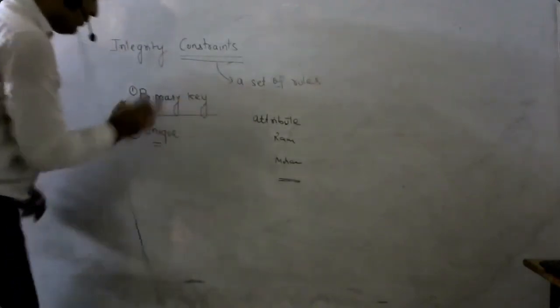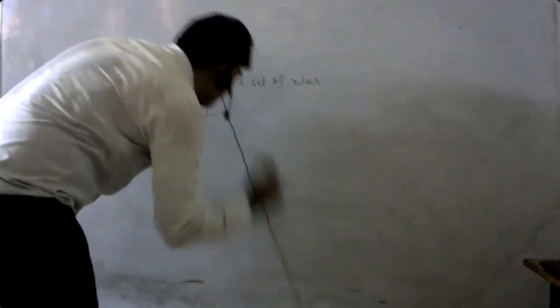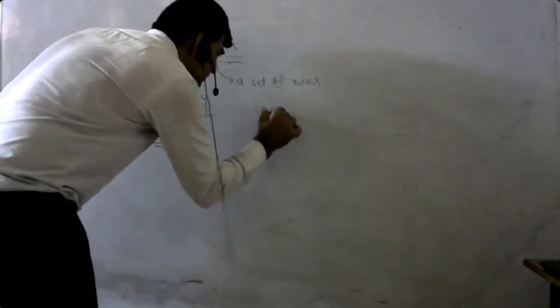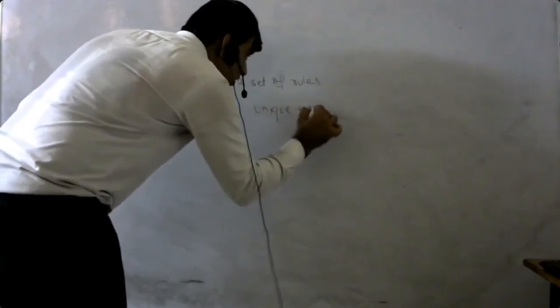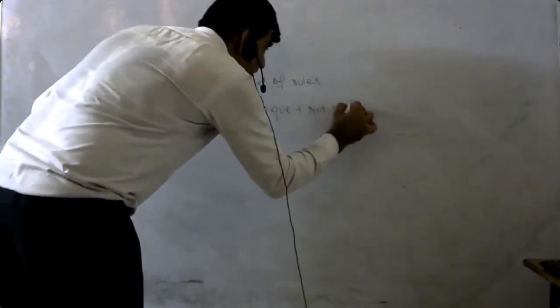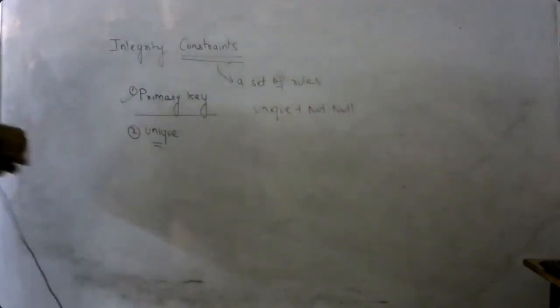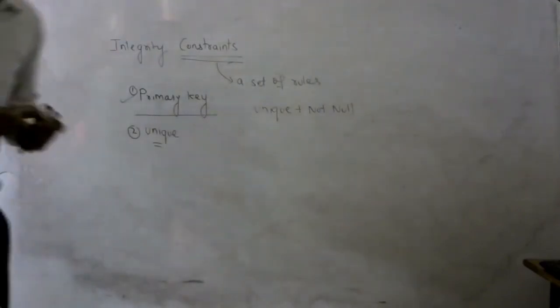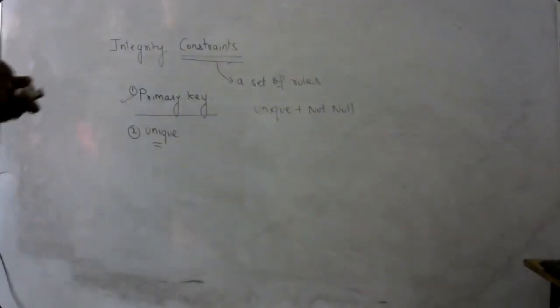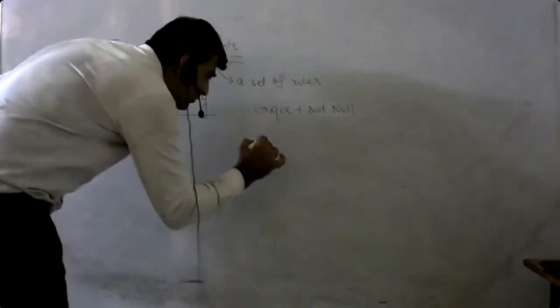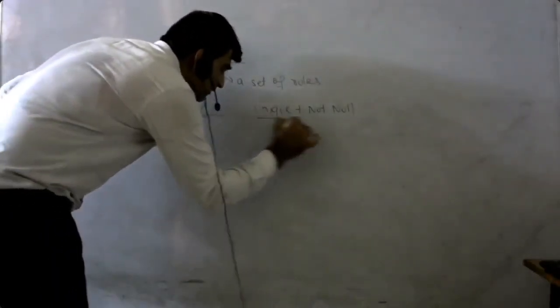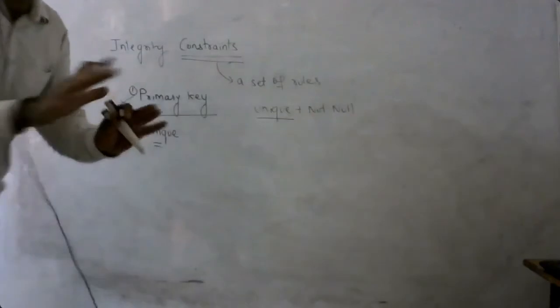What is the difference between primary key and unique? Primary key means unique plus not null. But for unique, for different tuples for a particular attribute, if there is some value, that must be unique, or there may be no value.